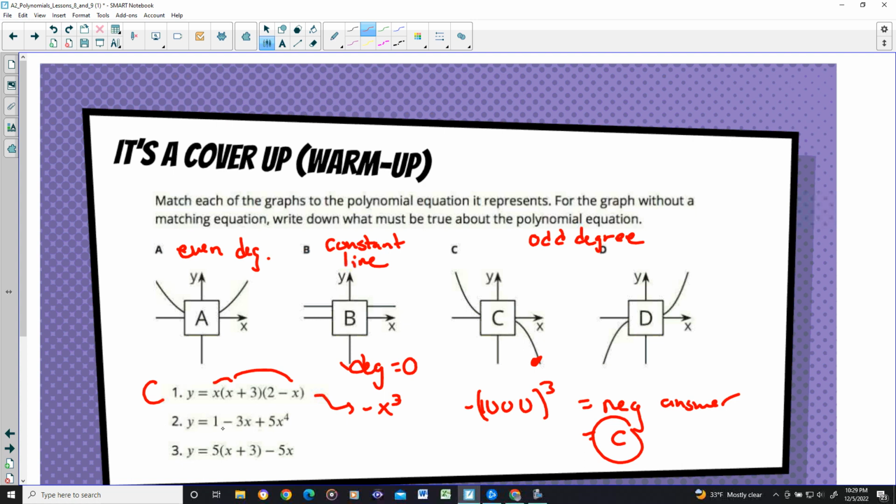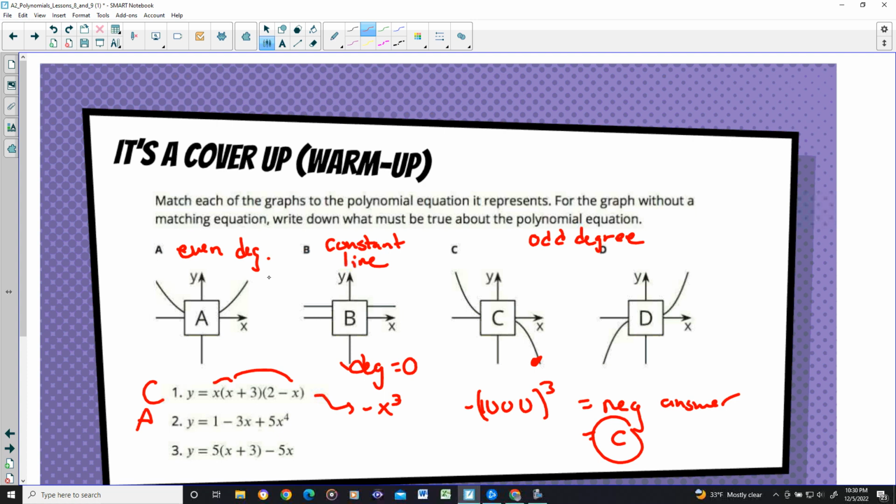Okay, 2. It's degree 4, right? We got a 5x to the fourth, easy enough. There's only one that's an even degree, and that's A. And now think about it. It's positive 5. Positive result multiplied by positive 5 means the ends are going to be positive.